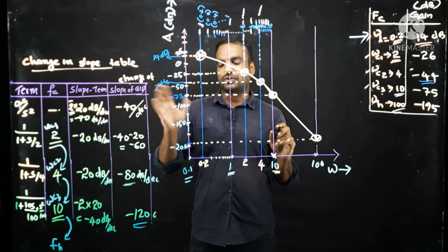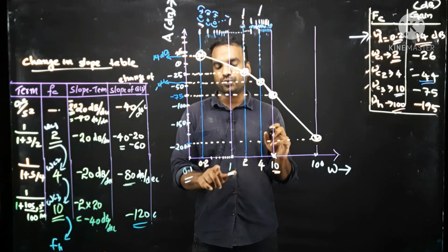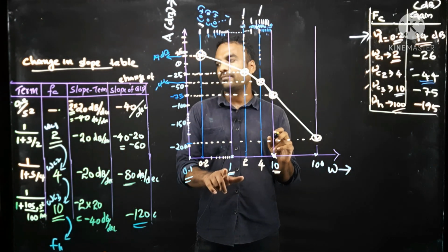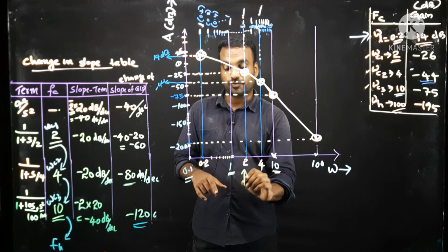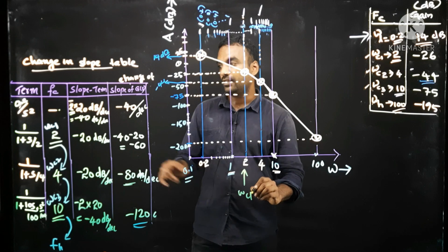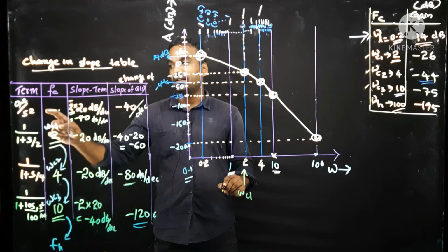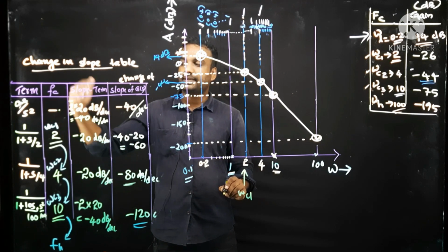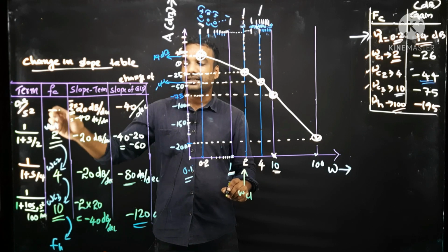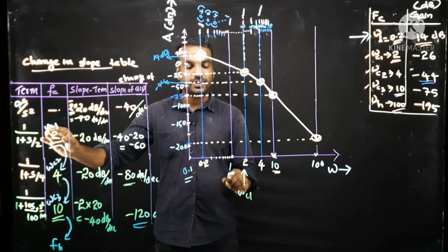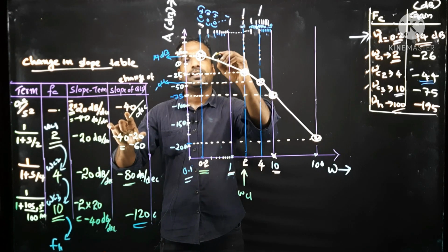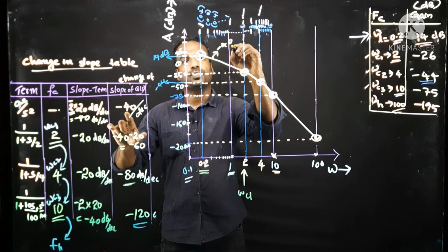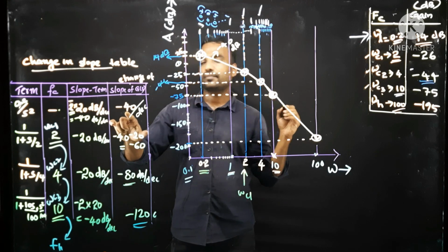Now you have to mark the slope from point 2 to the first corner frequency omega C1. From any value less than 2, that is omega lower, we take it as 0.2, and its slope will be minus 40 dB per decade. You can see it from the table.